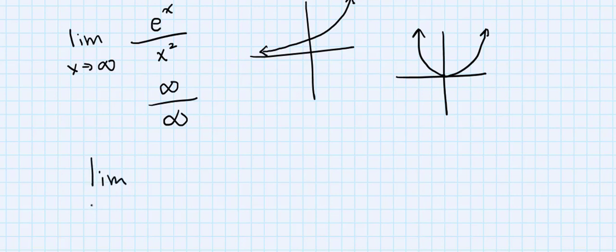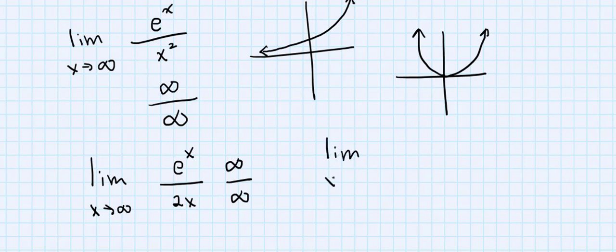So what happens? What's the derivative of e to the x? It's e to the x over the derivative of x squared, which is 2x. What happens when you put in infinity? Again, it's infinity over infinity. So what do you do? Well, you apply L'Hopital's rule again. Yes, you may apply L'Hopital's rule more than once.